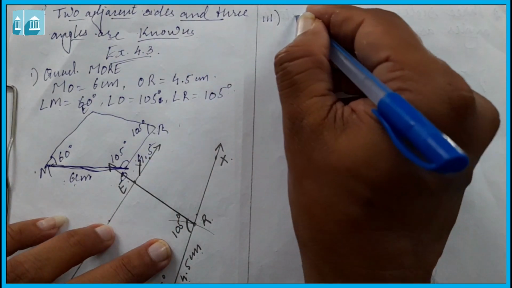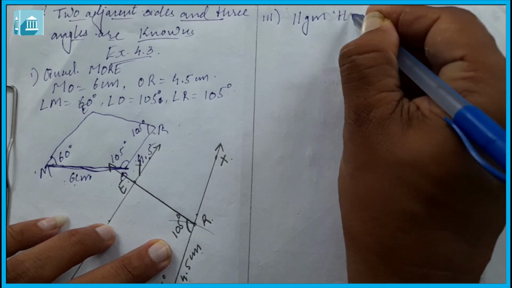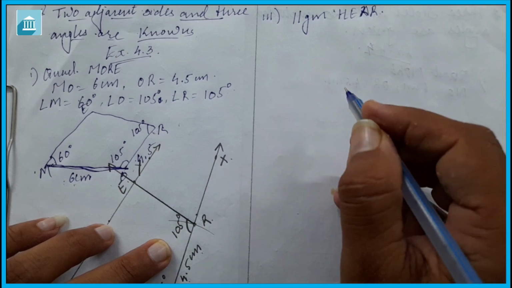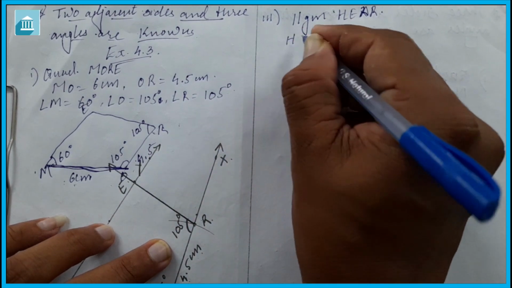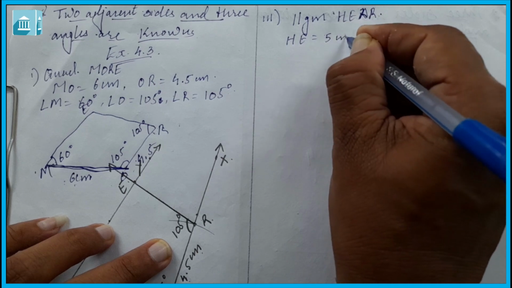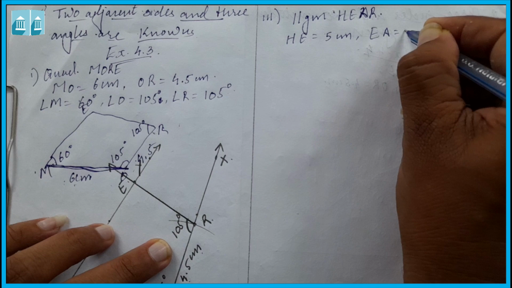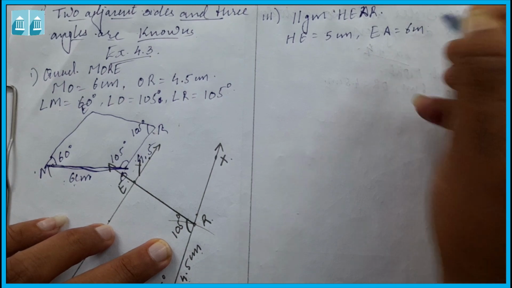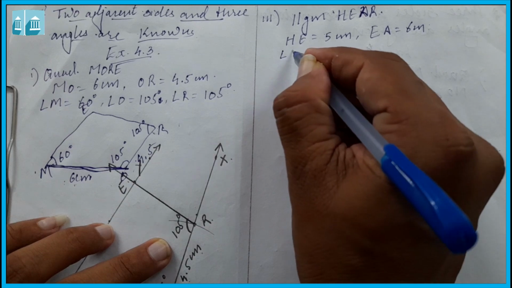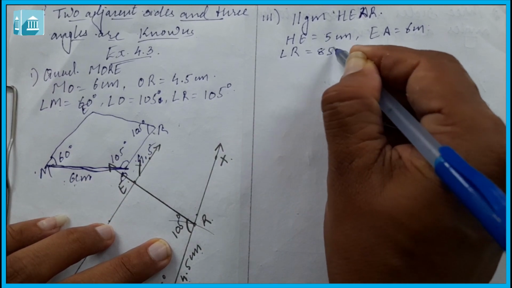We need to draw a parallelogram HEAR where HE is equal to 5 centimeter, EA is equal to 6 centimeter, and angle R is equal to 85 degree.